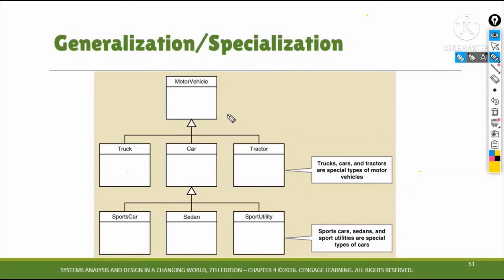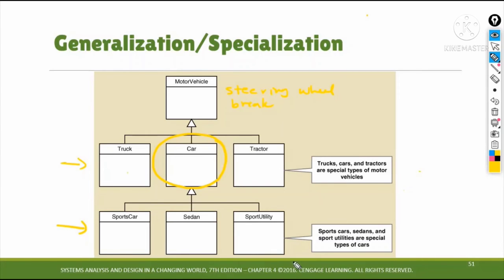So let's say the motor vehicle class has attributes such as a steering wheel, a brake, and so on. And all these attributes of the motor vehicle are inherited by these three subclasses. All trucks have steering wheel and brake. All cars have steering wheel and brake, and the same with tractors. But with cars, there are special attributes that only these subclasses will inherit that are not in a truck and tractor.